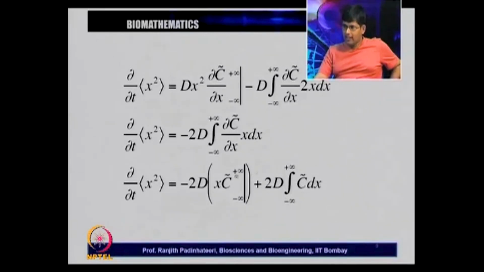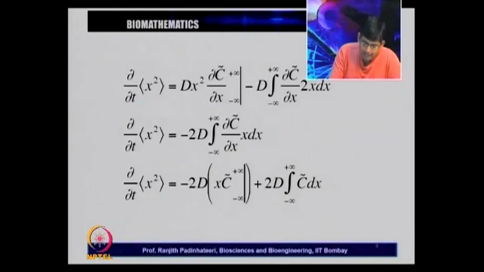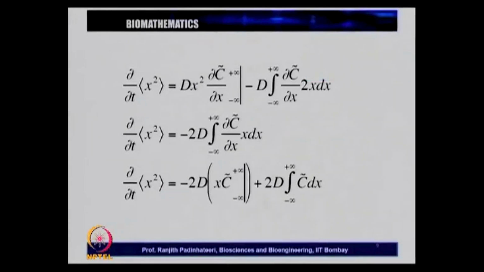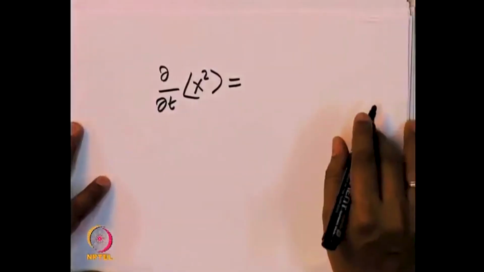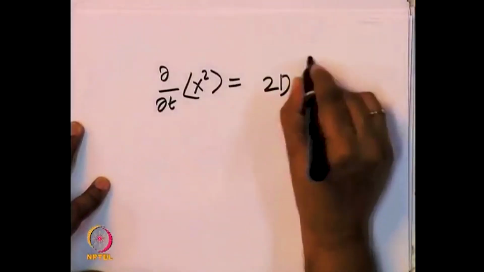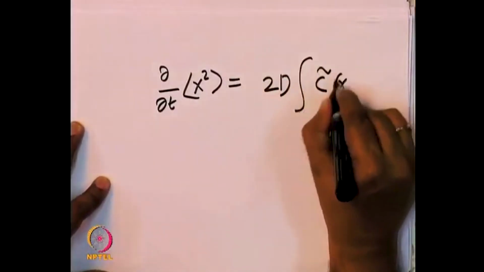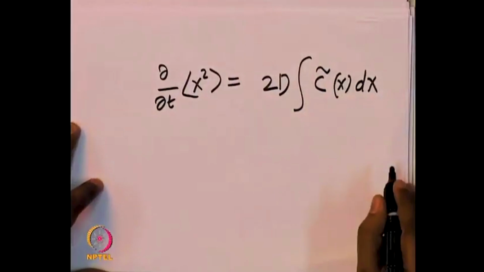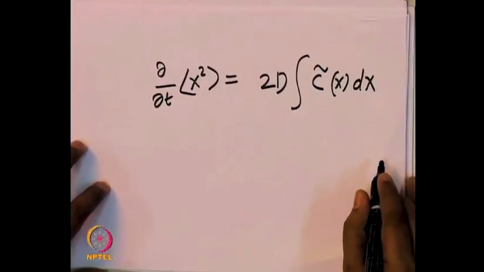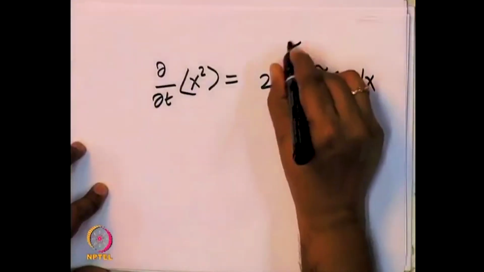So, what we have essentially at the end of the day, if you equate this term to 0, because the concentration at infinity and minus infinity is 0, what you have is that del by del t of x square average is equal to 2d integral c tilde of x dx from minus infinity to infinity.